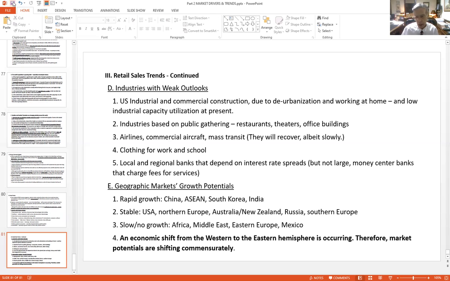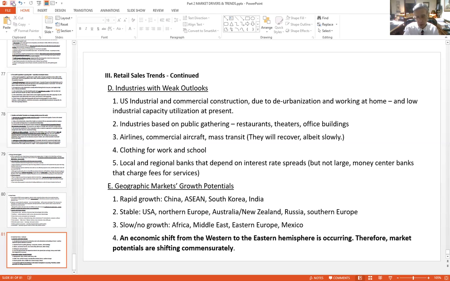Larger economies are in more highly developed, mature nations, such as in Northern Europe, Australia, New Zealand, Russia, Southern Europe, and of course the United States. So here we don't expect rapid growth, but we do expect stability. Stability at a time like this can be attractive.